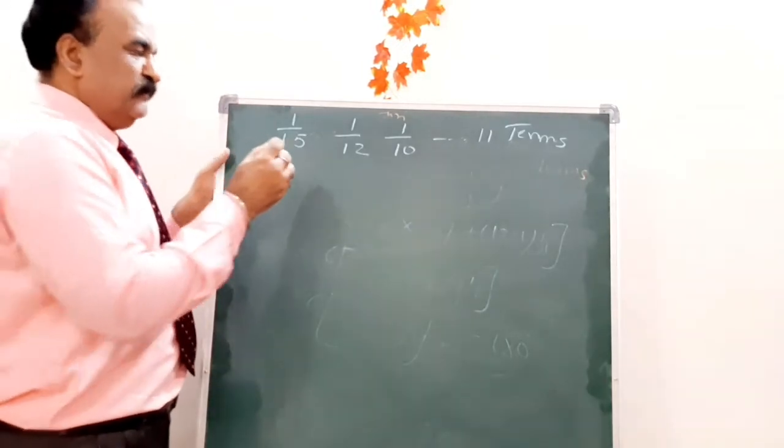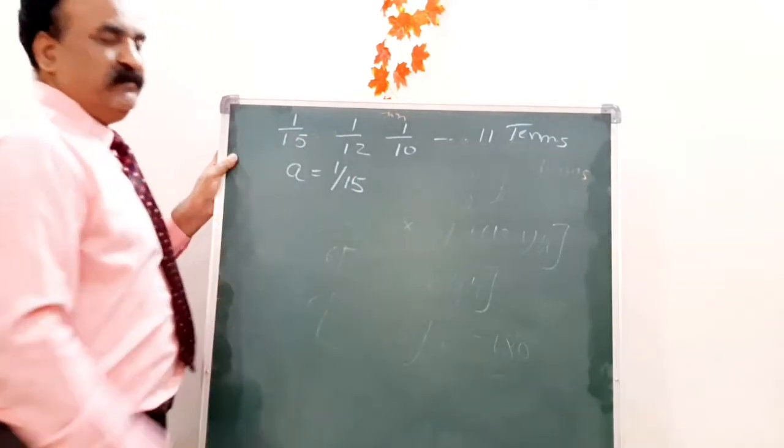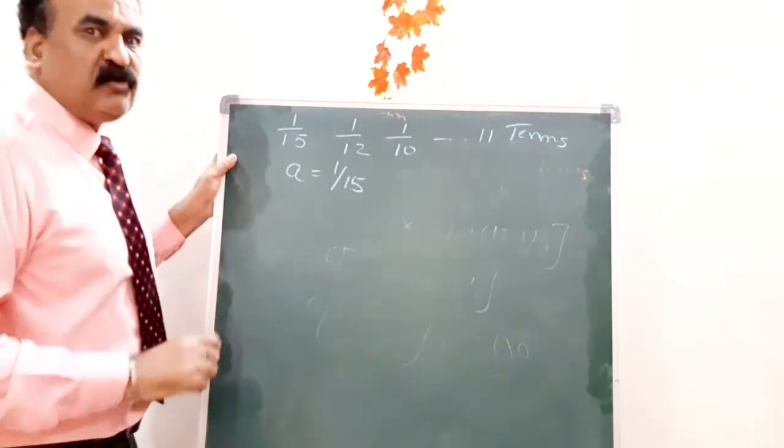Now what is the first term? So a is equal to 1 by 15. First term is this. Now you have to find the common difference.